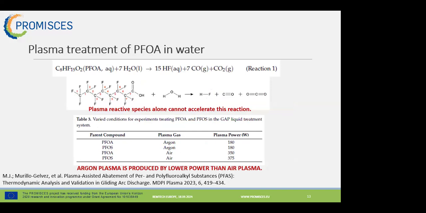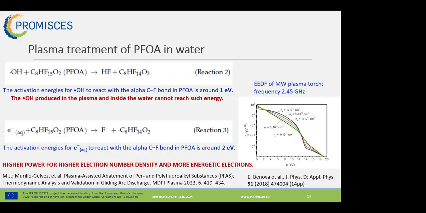And the second important thing is that if we are using argon for plasma production, the power necessary for plasma production is almost twice lower. This is important for the efficiency. But the possible reactions are with the OH radicals and the electrons in the liquid.